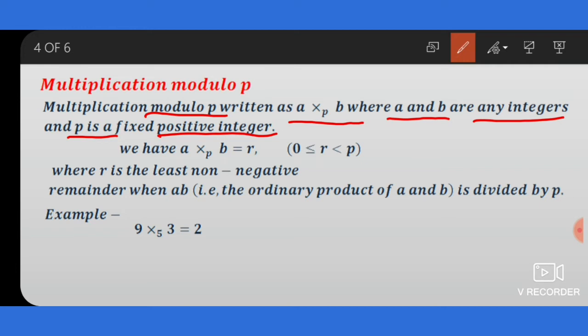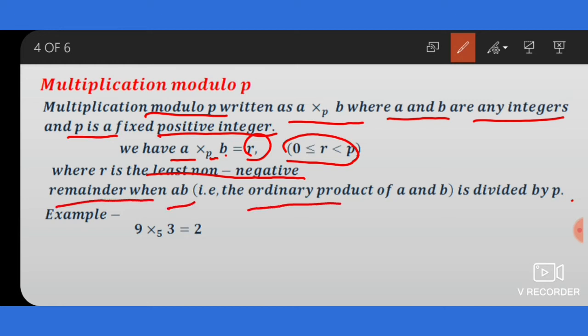We have a multiply modulo p b equal to r, where 0 is less than or equal to r is less than p, where r is the least non-negative remainder when ab, that is the ordinary product of a and b, is divided by p.